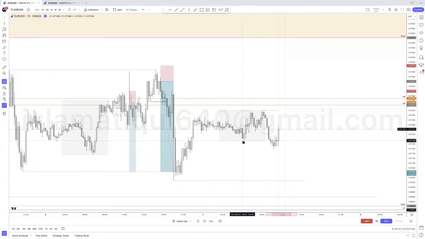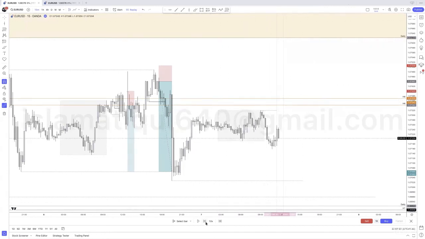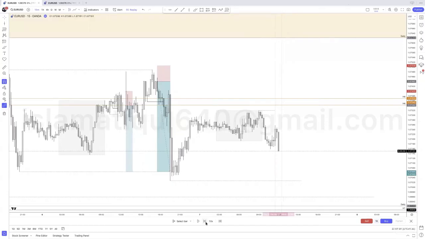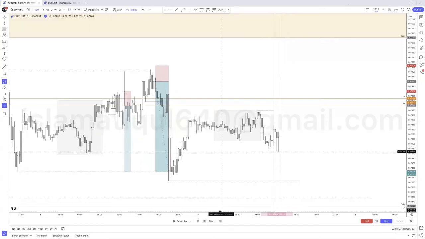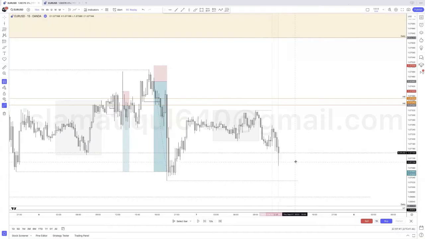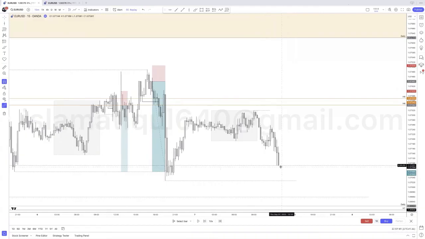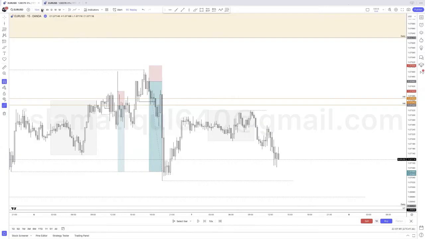We might have had a clean breakout here. After sweeping these sell stops, they could move all the way up into these. Let's wait and see. I'm not sure. I think we missed the move. It looks like we missed it.